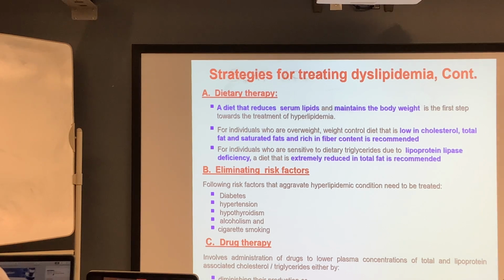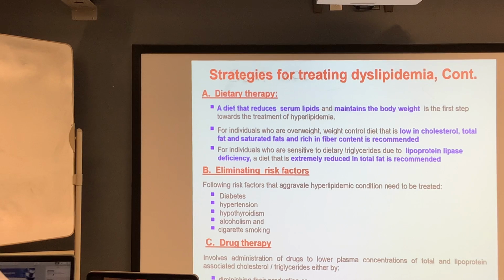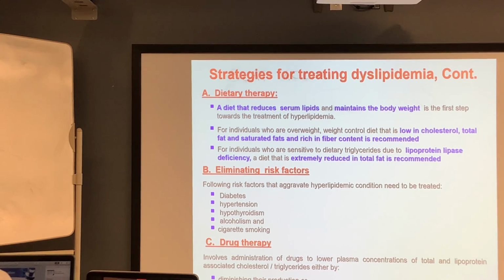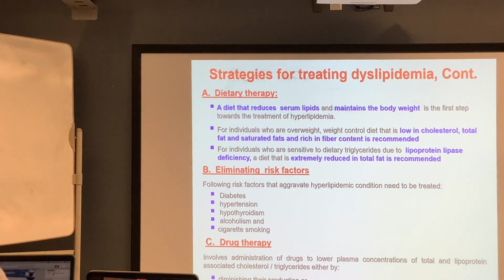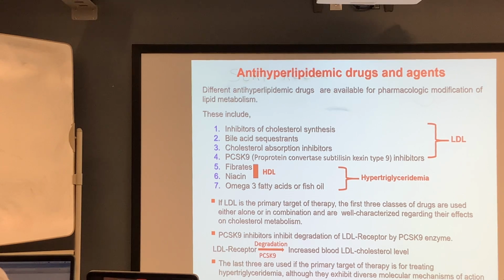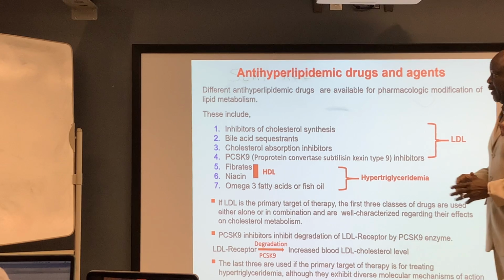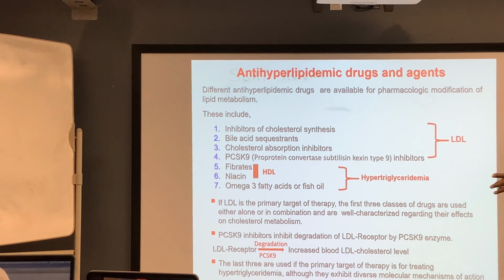One is to avoid the buildup or to avoid the synthesis of cholesterol or reduce it. The other one is to reduce the absorption of cholesterol, and the way to do that is to enhance the clearance of the cholesterol from the system. So those would be the two major approaches, and that will lead us into the drugs and the agents that are useful in the management of hyperlipidemia.